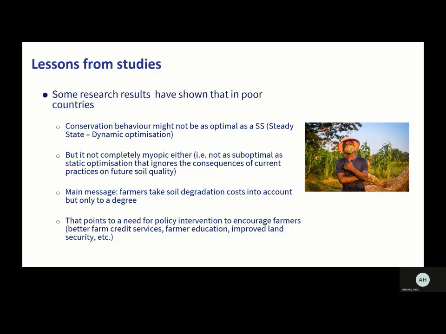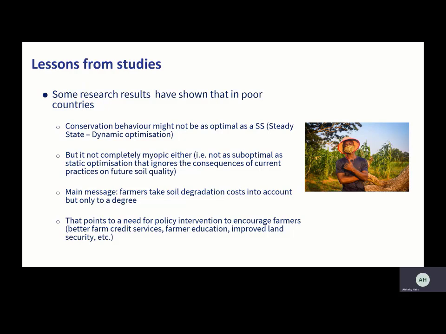So they are not static in their view, which means they consider only what happens now and don't care about fertility tomorrow. So the main message is that farmers take soil degradation costs into account, but only up to a point or to a degree. So what that means is there is an element of mismanagement in there from the society's point of view.